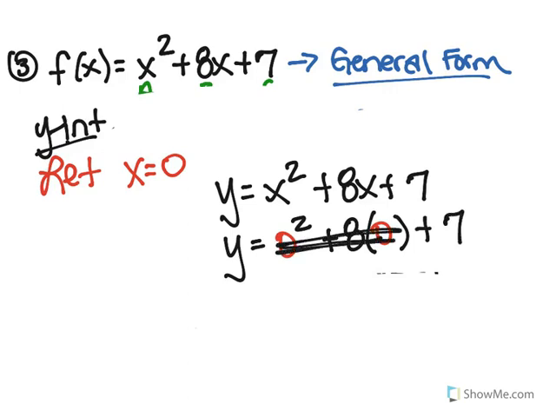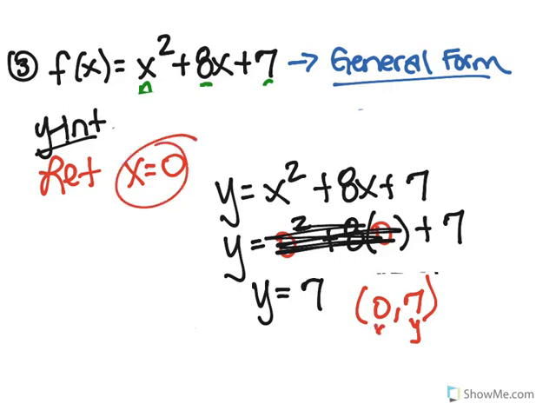All of this is gone. So you just get y equals 7. It's pretty simple. So as an ordered pair that would be 0, 7. Keep in mind the y has to carry the 7, and you let x be the 0. So we know our x-intercepts, our y-intercept, and our vertex.